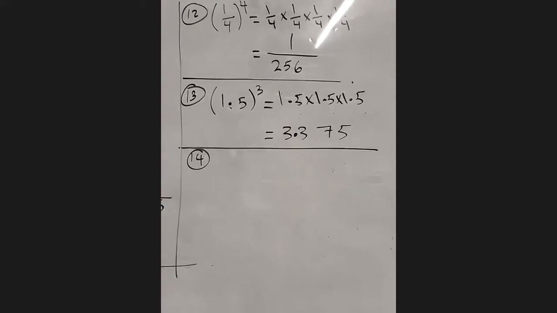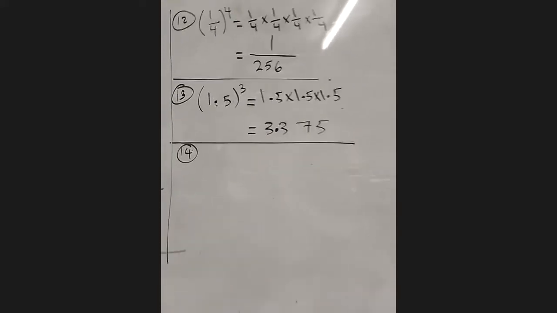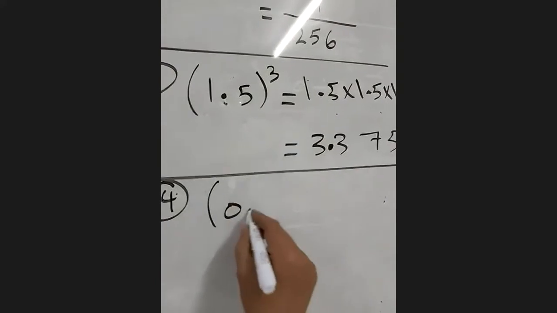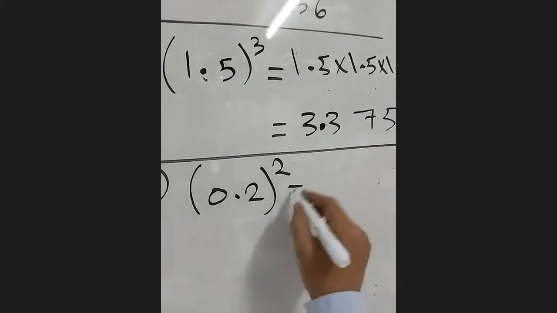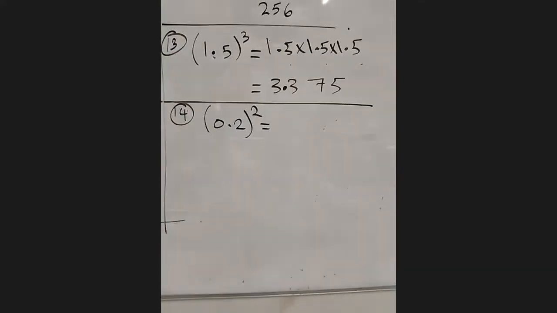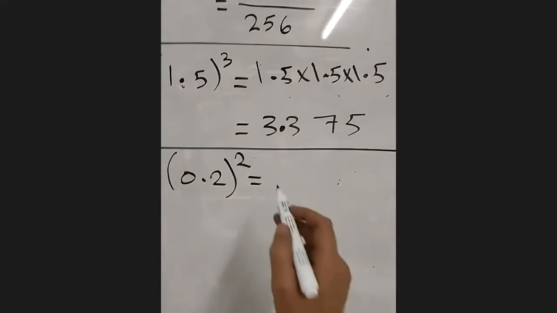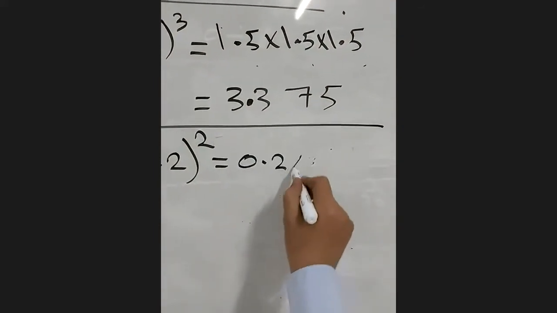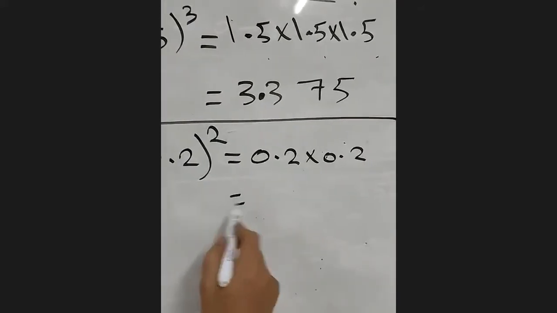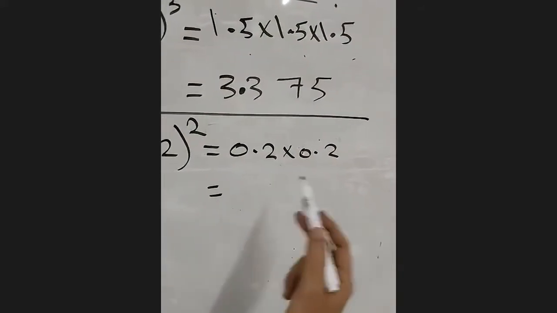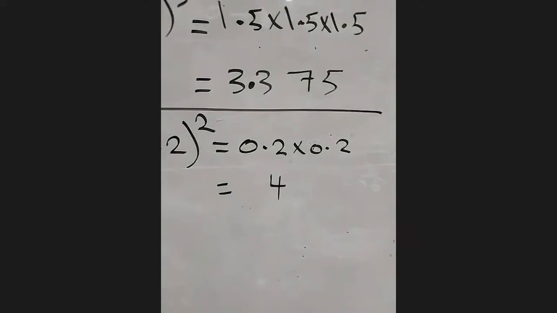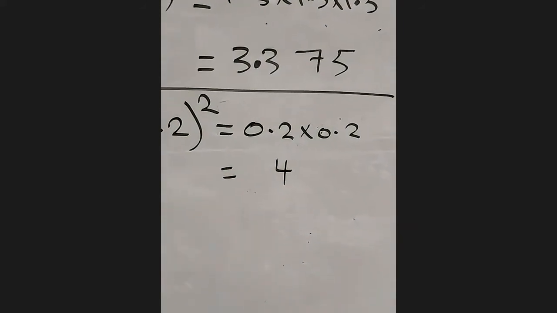Question 14. What we have? 0.2 to the power of 2. How do we find it, Mr.? We will make 0.2 multiply 0.2. Then we remove the decimals. We make 2 multiply 2 equal 4. Then we have the decimals after 2 digits in the box.